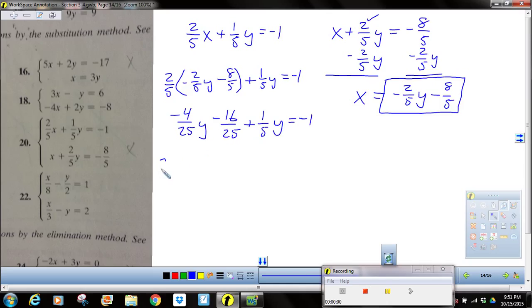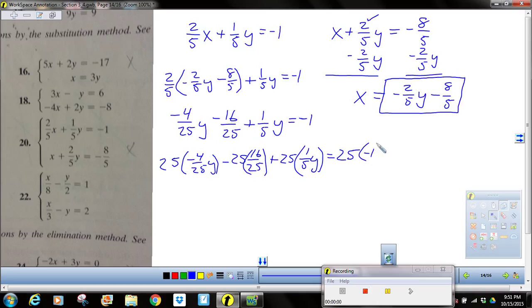So I'm going to multiply everything by 25. 25 divided into 25 is 1. 1 times negative 4y is negative 4y. 25 divided into 25 is 1.